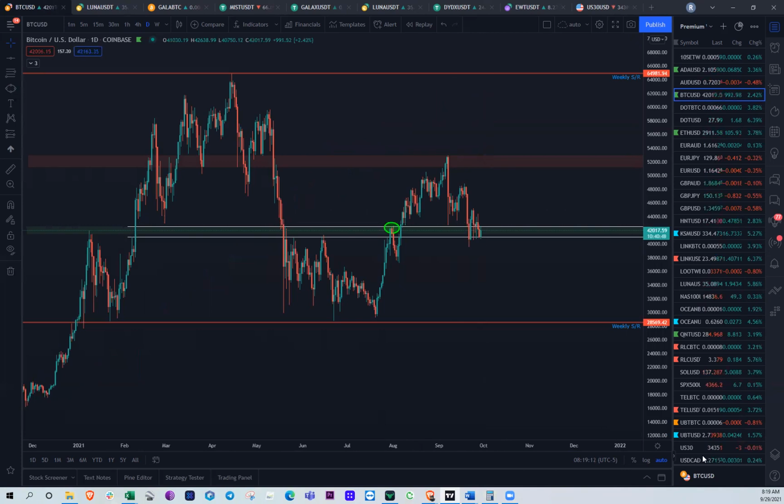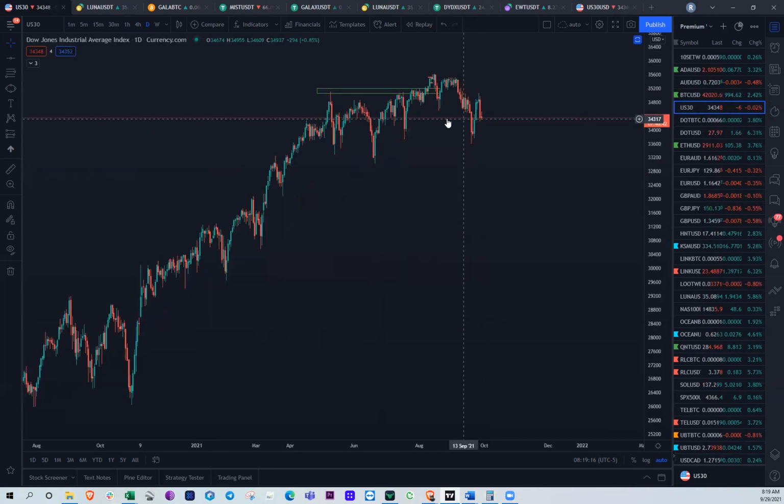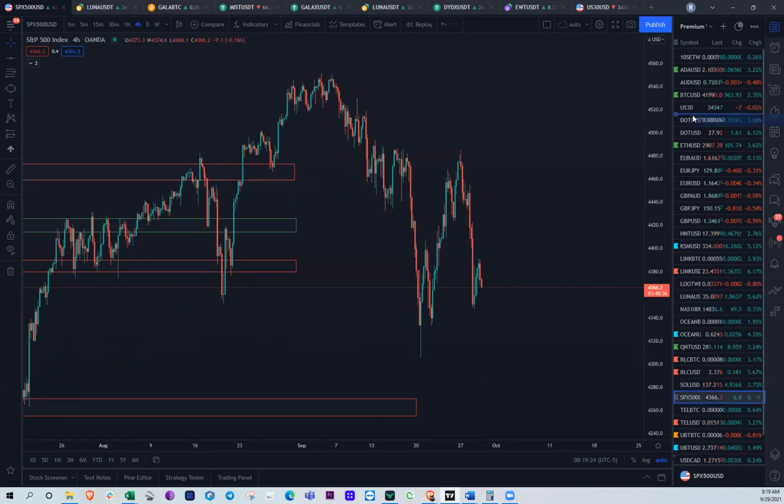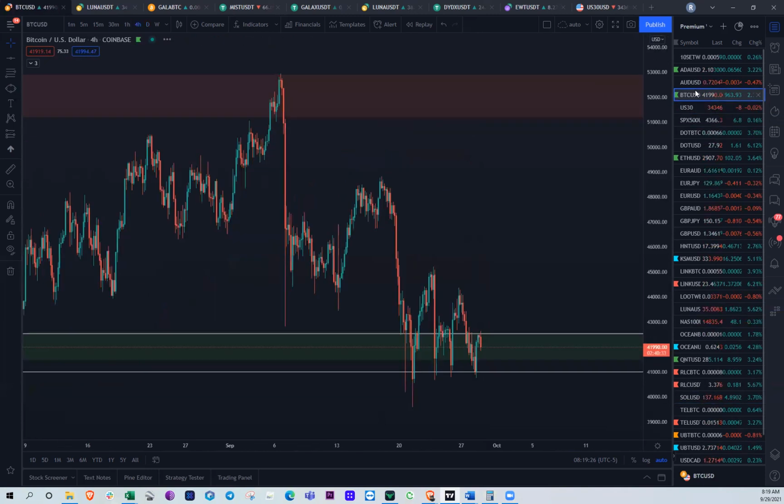So be cautious of this because if we look at US 30 here, yeah, we've been dumping. Let's look at SPX, same thing. We've been really bearish, and so you're looking at Bitcoin being a bit bearish.